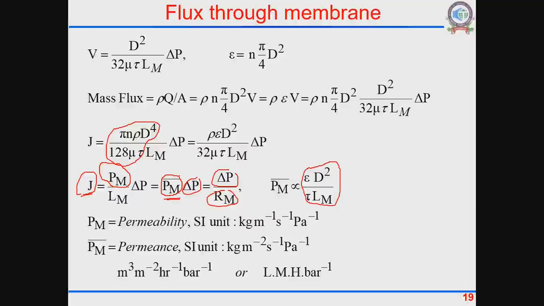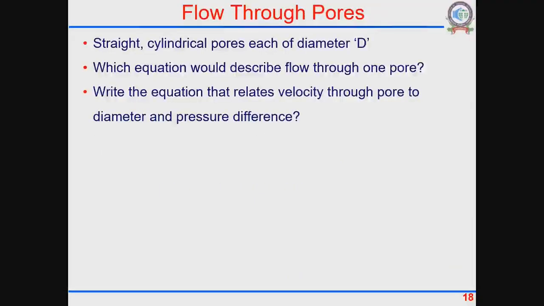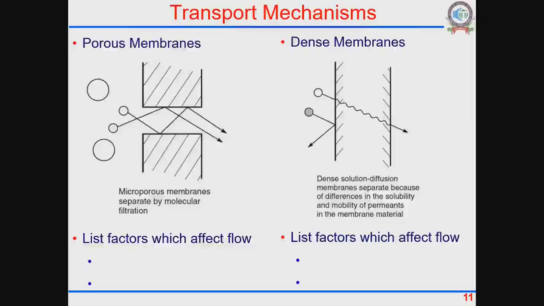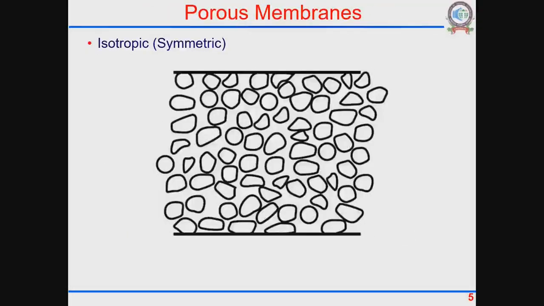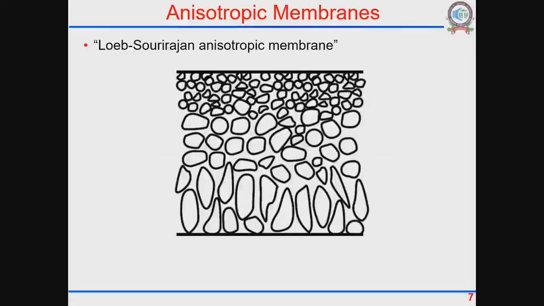Now you can think about what we were talking about yesterday when we had talked about different kinds of membranes. So we talked about a symmetric membrane. If this membrane was having this much thickness, the permeance of this membrane would be very small. But replace that by an asymmetric membrane where I have a thin region which has small pores and a bigger region which acts like a support.